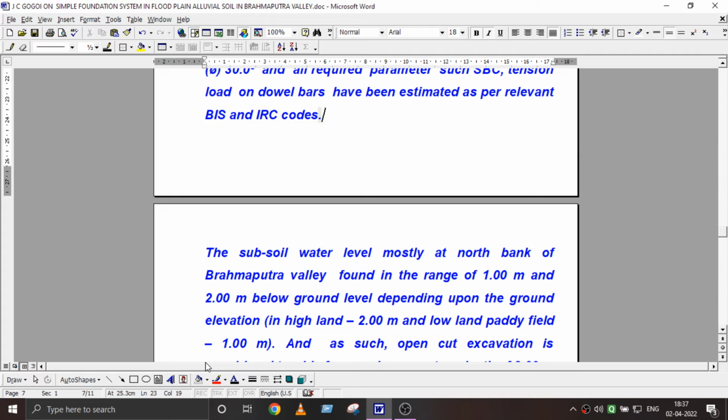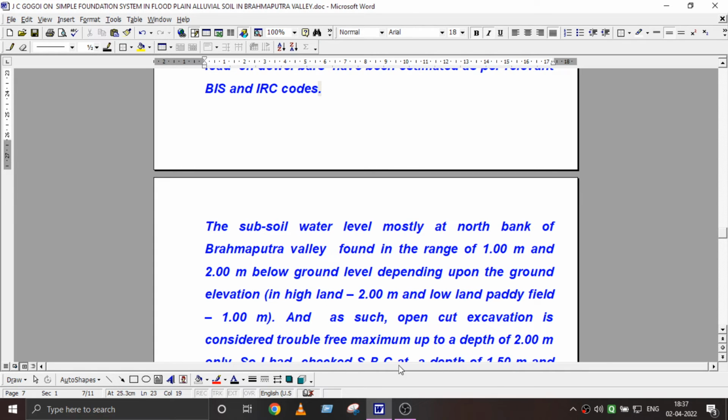Sometimes it may come to half a meter too. As such, open cut excavation is considered trouble free maximum up to a depth of 2 meter.